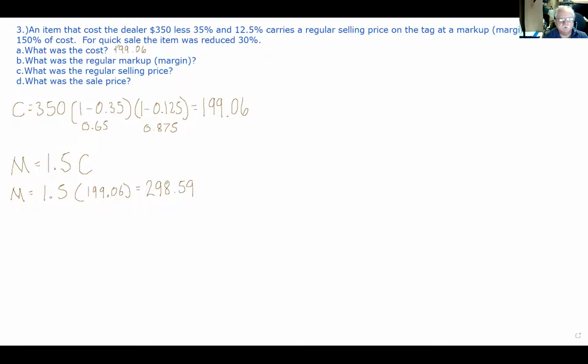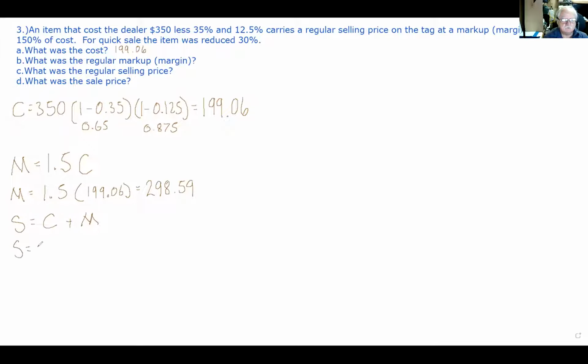So now that we know their cost and their markup, we can figure out their regular selling price. We're going to do S equals C plus M because we still don't know anything about expenses and profit.